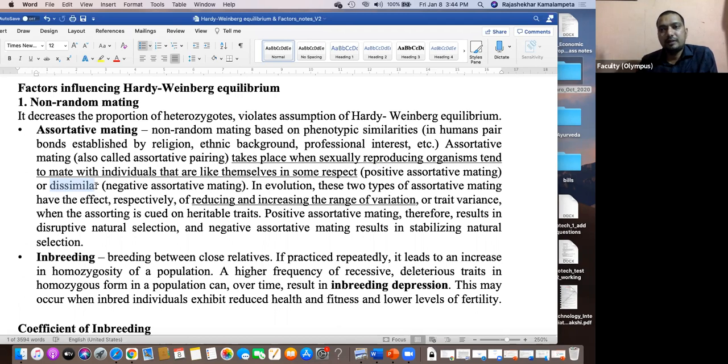So they may marry someone else from a different profession. They may be obsessed with what they do. This is one example. You also notice that there are cases where people with different characteristics tend to marry. In that case, it is called negative assortative mating. And positive assortative mating is where people with similar features get married.